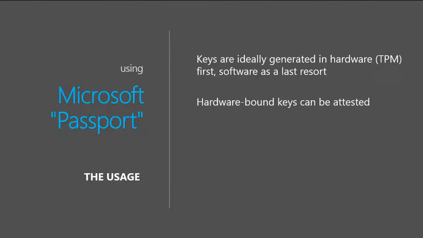So when the server sees the public key and the attestation statement signed by the private key associated with this user, it will be able to decide what trust relationships it can establish for this user and what access permissions and access policies it can give to this user. If attestation is present, they are hardware-bound keys. So they cannot be replayed, they cannot be breached, and they cannot be phished.